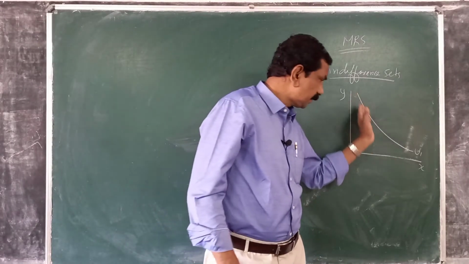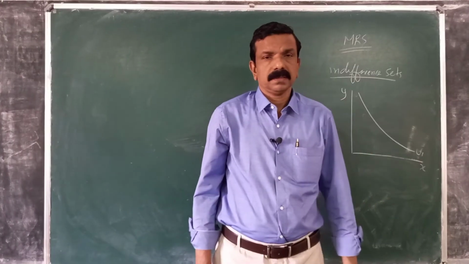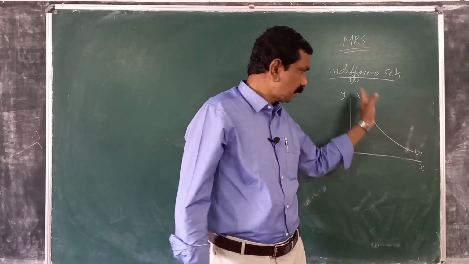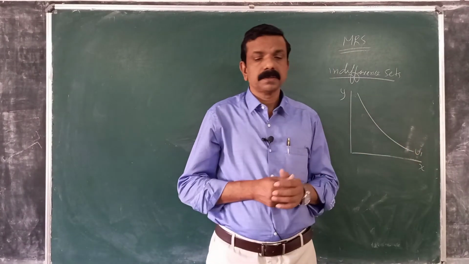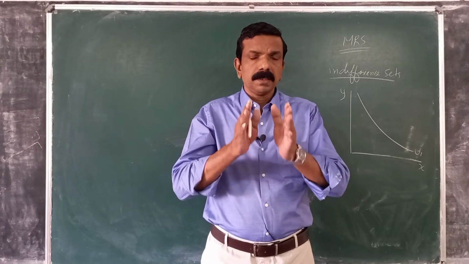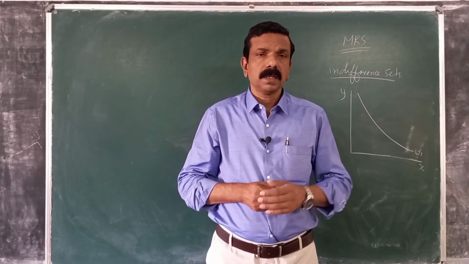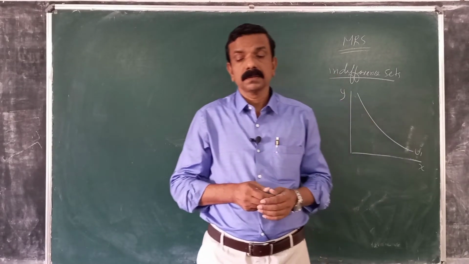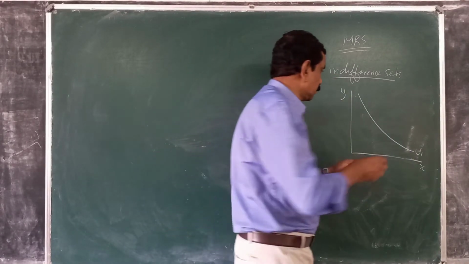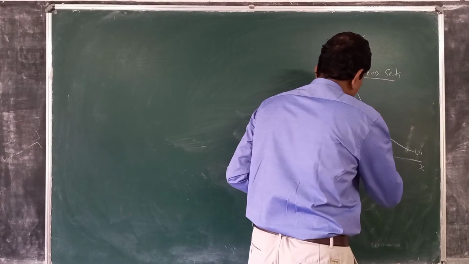The slope of the indifference curve is negative, as you can see, as the indifference curve is negatively sloped. And we take the negative of the slope, and that is what is known as the marginal rate of substitution.